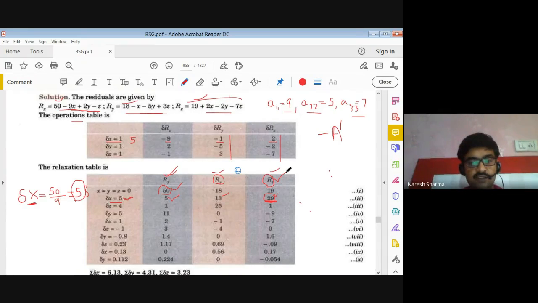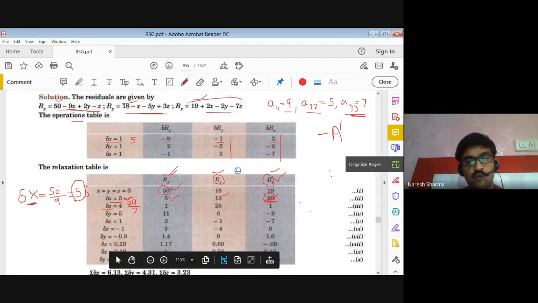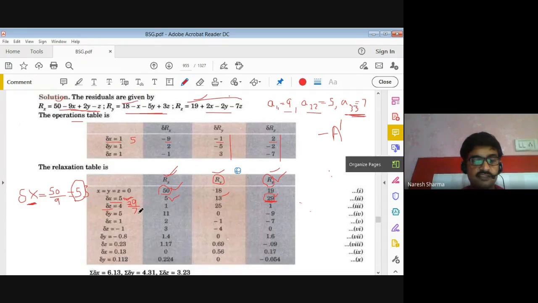As this belongs to the z variable, we write here del z, and del z should be this value 29. We divide this by a33, which is 7. Once you divide 29 by 7, it is 4 point something, so we assume this 4 only.